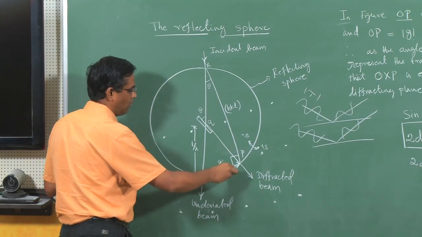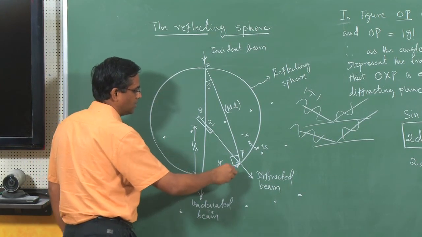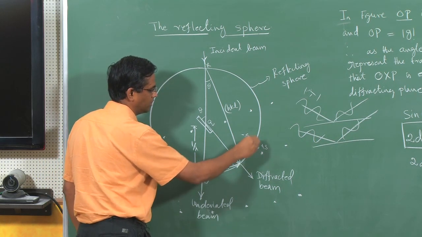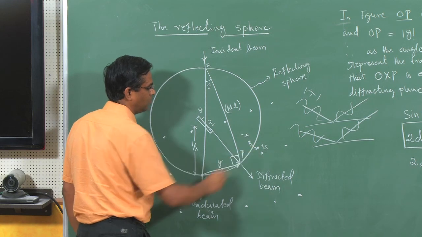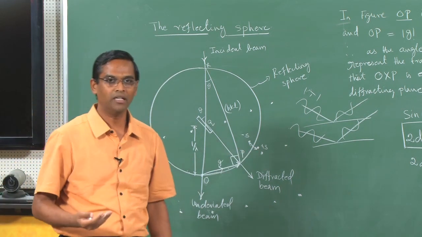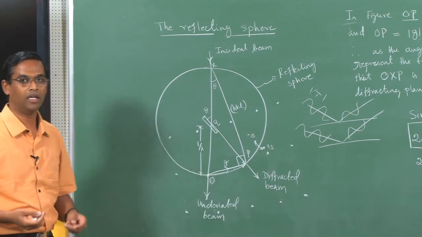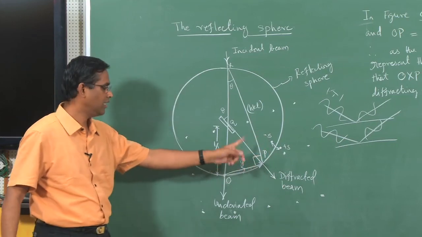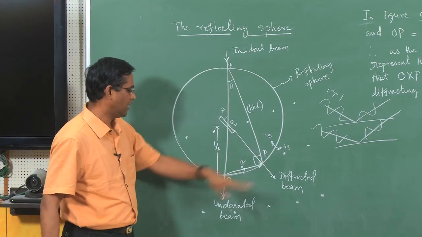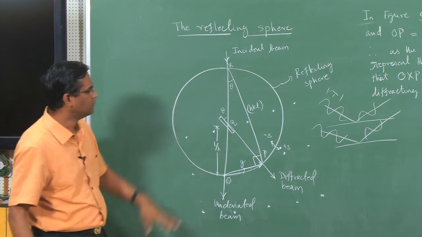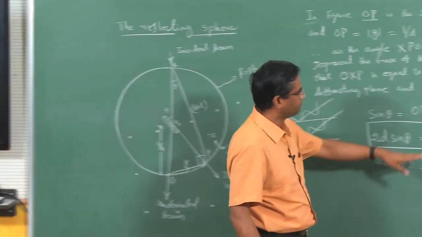So, what you have to understand is, if a point is away from this sphere, whether this way or that way, your exact Bragg condition is not met. So, you will not have a peak intensity of the diffracted beam. You will have a very weak intensity of the diffracted beam. This can also be visualized in this form.